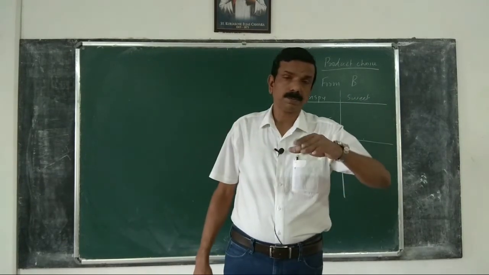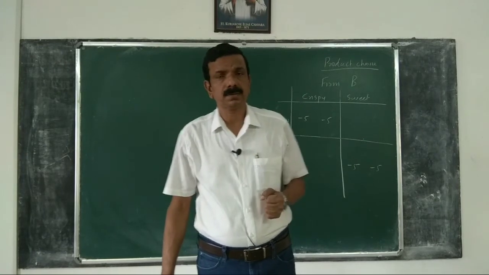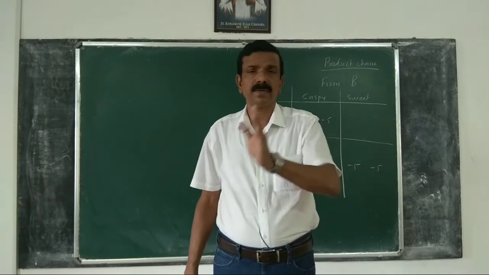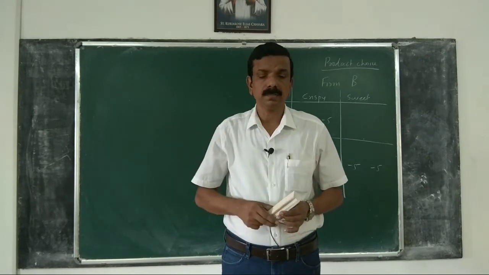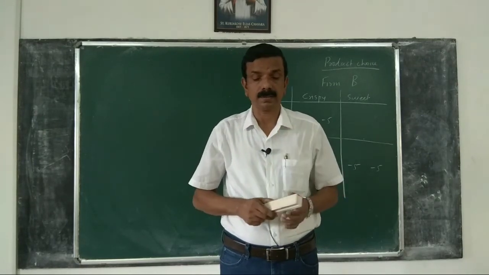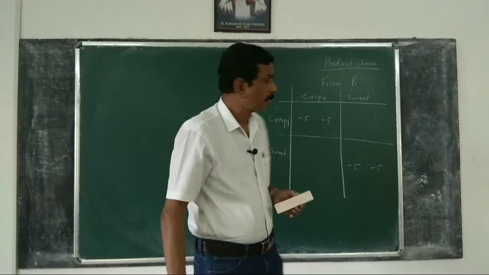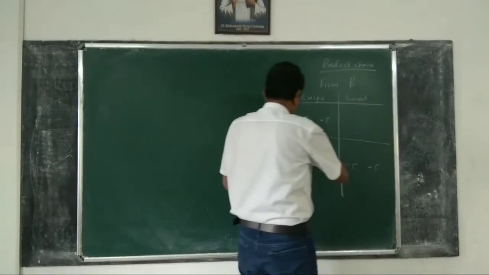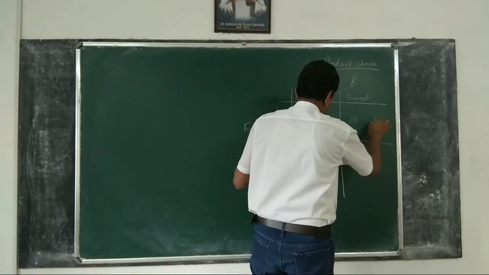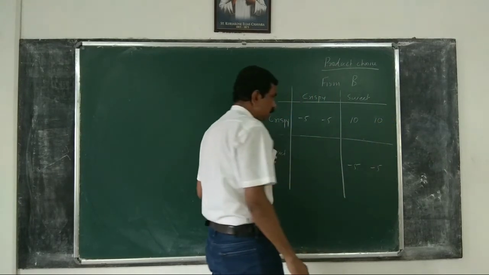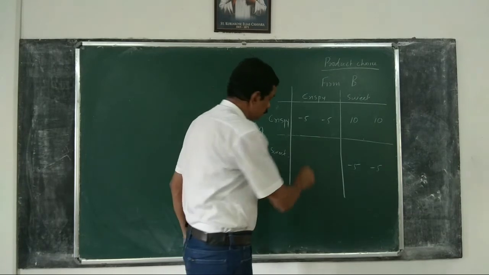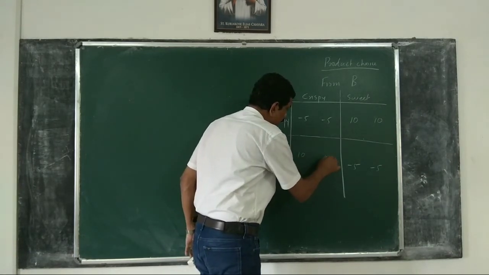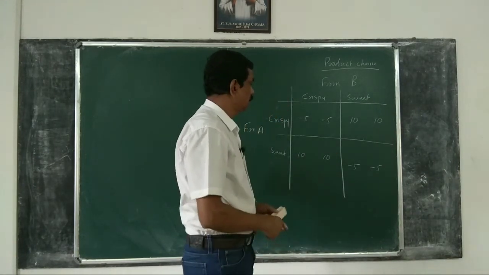That is, it is profitable to introduce only one variety, not two varieties. Now, if firm A introduces crispy, B sweet, both will make a profit of 10. Here also 10.